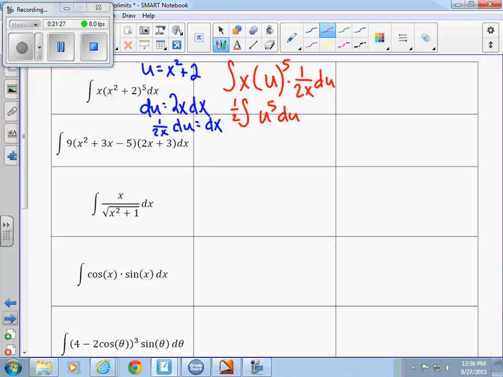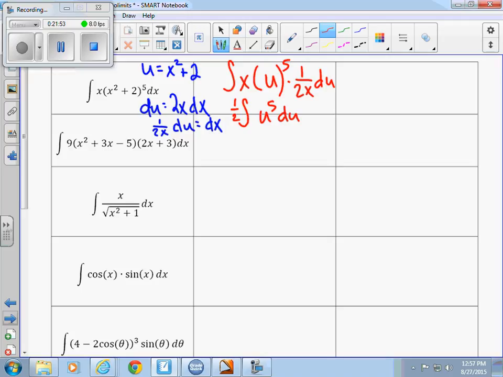You see the x shows up there? That x is going to cancel because it's in my du. Because it's going to divide out. So if the derivative of u is a piece outside, that's a good thing. So if you can pick out the derivative of your u somewhere else, that will help you pick the correct u. Does that make sense?